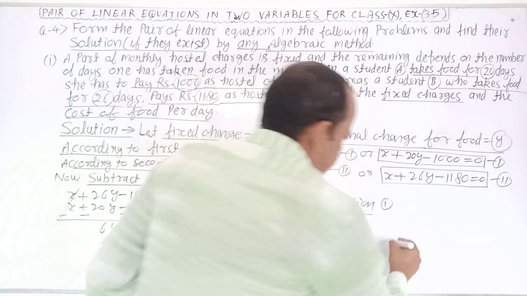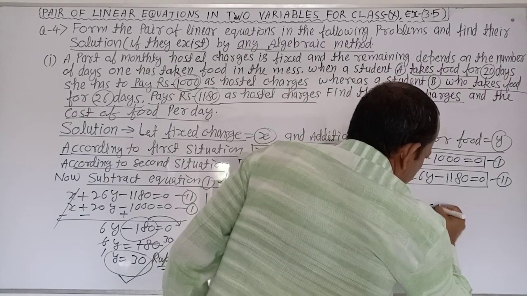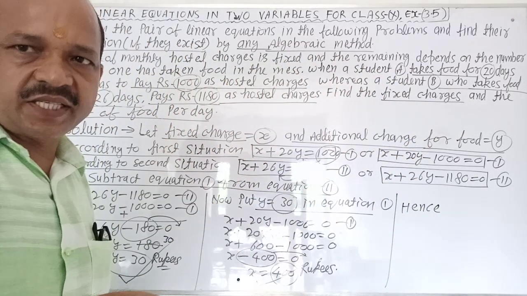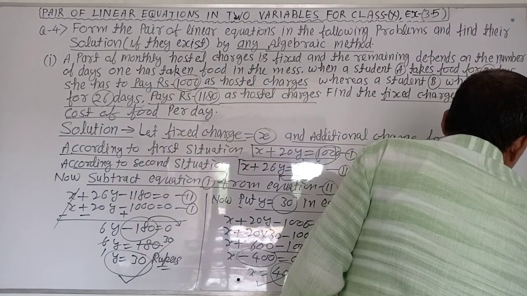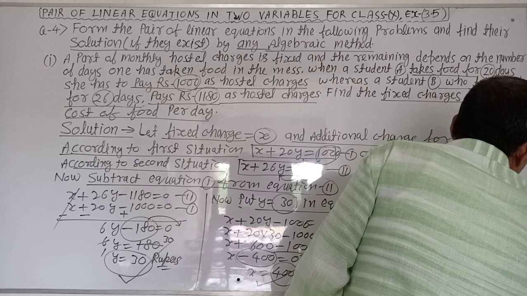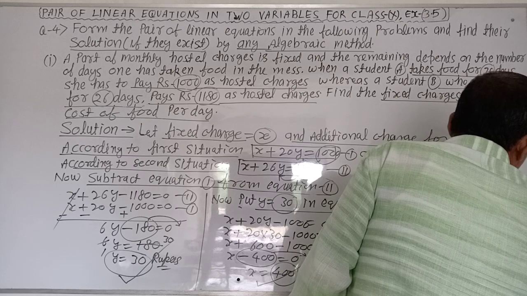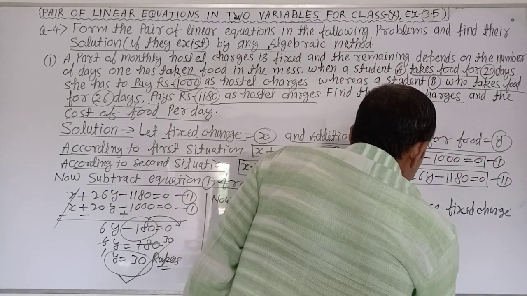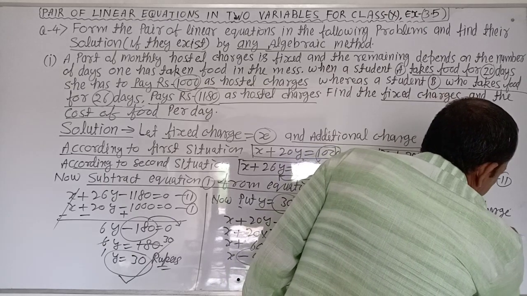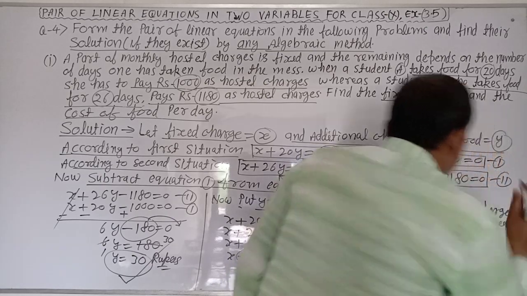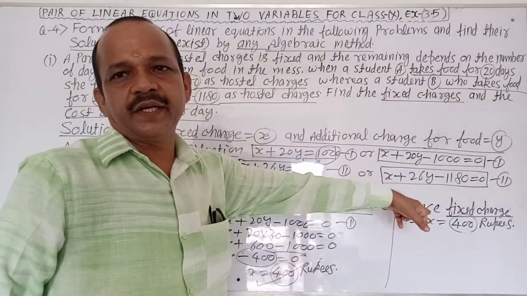Clear? Hence, fixed charge equal to x equal to 400 rupees. Fixed charge equal to x equal to 400.